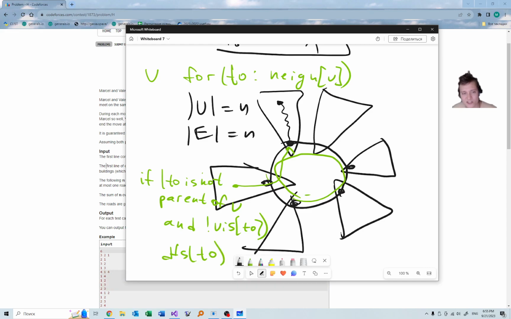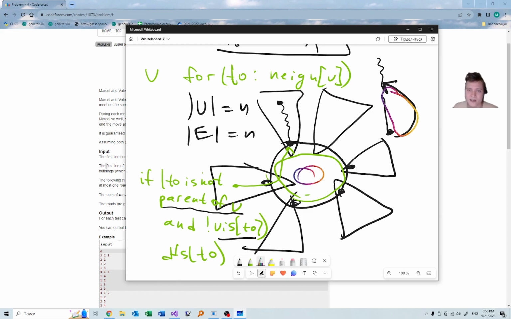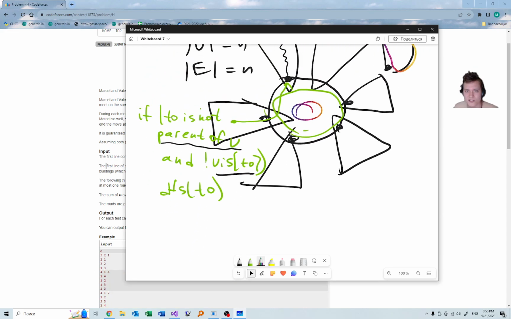What we are interested in is the case that 2 is not the parent of V, but it is already visited. The only way this can be is that we have some visited vertices, and then we went to an already visited vertex. This means that this is the cycle, and since the graph has only one cycle, this is the only cycle. So this is the way to find the cycle and locate all its vertices.